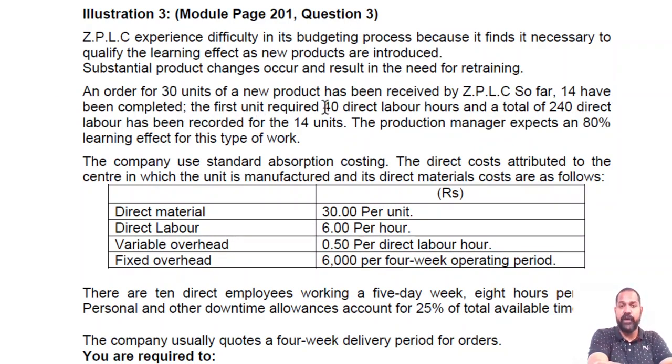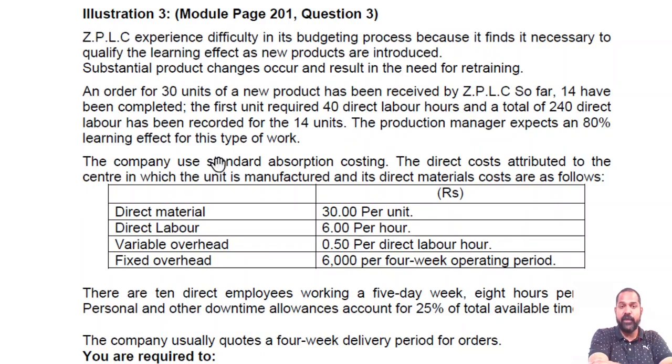The first unit required 40 direct labor hours, and the total of 240 direct labor hours have been recorded for 14 units. The production manager expects an 80% learning effect for this type of work.